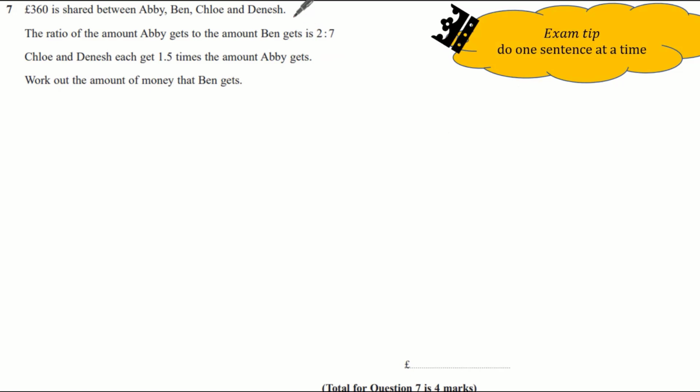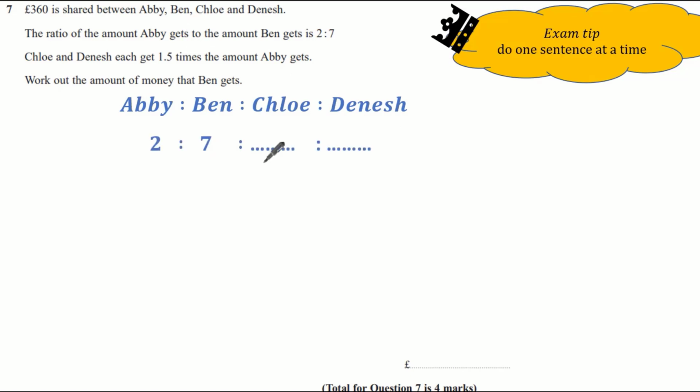So, starting here, we know the ratio of Abby to Ben to Chloe to Denise is given here. Now we do know the ratio of Abby to Ben is 2 to 7. We don't know Chloe and Denise just yet. But we do know Chloe and Denise each get 1.5 times the amount Abby gets. So if we multiply 2 by 1.5, we know Chloe gets 3 parts and Denise gets 3 parts.